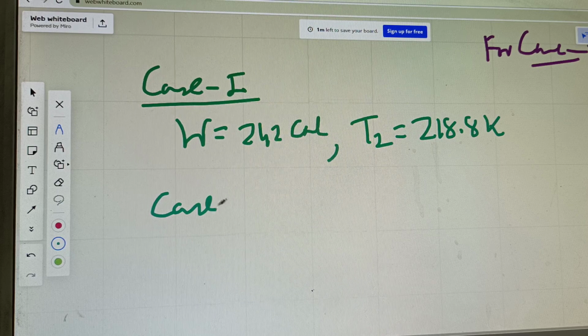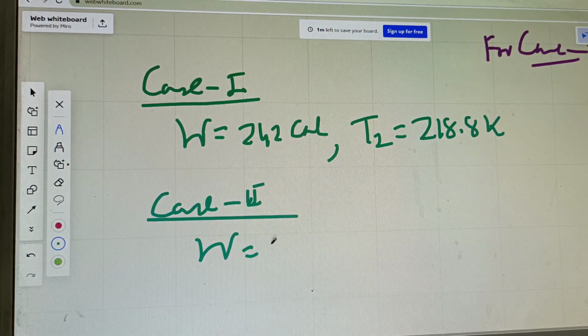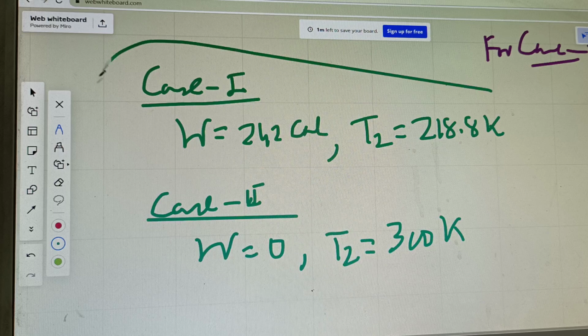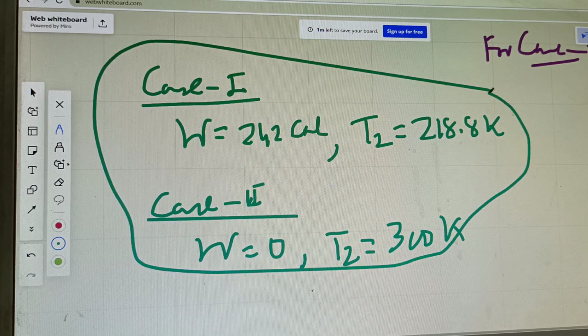Case 2, W equal to 0 and T2 equal to 300 Kelvin. So that's the answer of our problem.